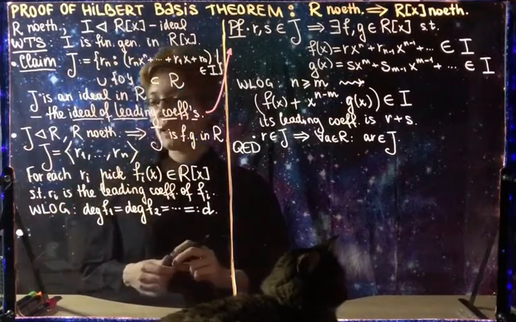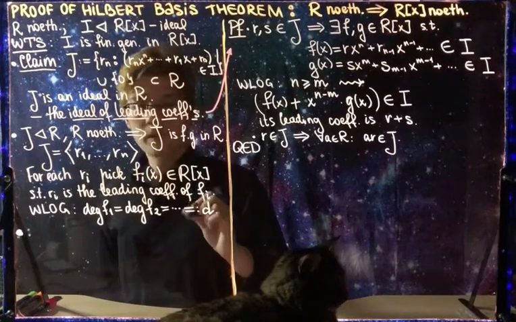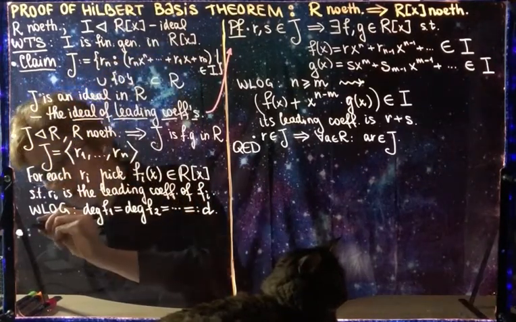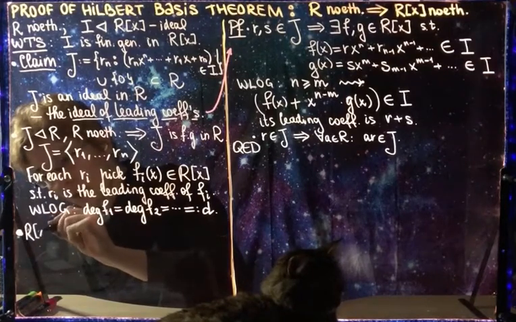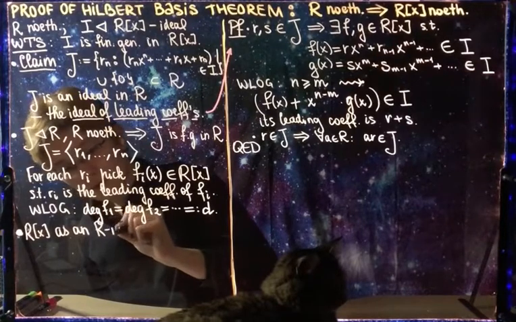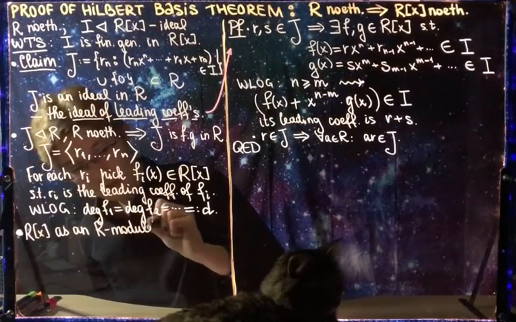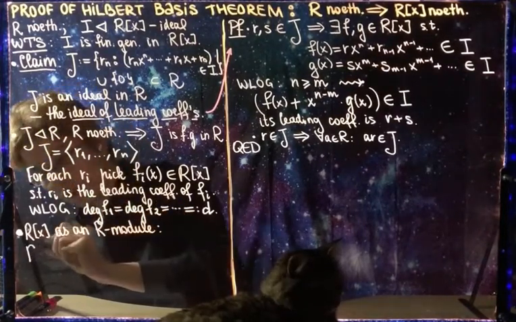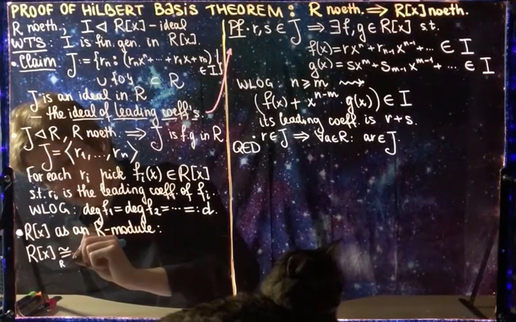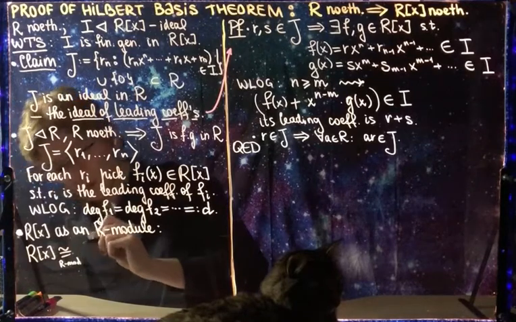And now I can outline the rest of the proof. So we can view R adjoint X as an R module, and as such it is a free module, isomorphic as R modules.